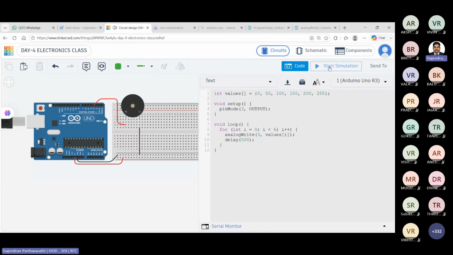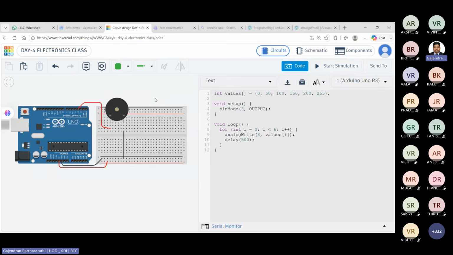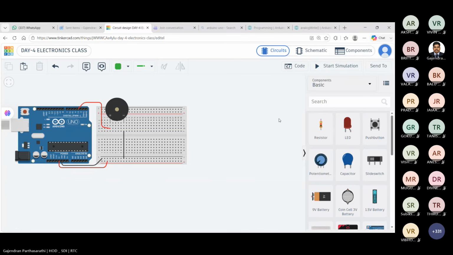For the same exercise, if we introduce an LED, what will happen? Please try, Vaishnavi and other members. This code is perfectly working for the buzzer. Now to try the same code for the LED, I'm going to take one LED and one resistor.